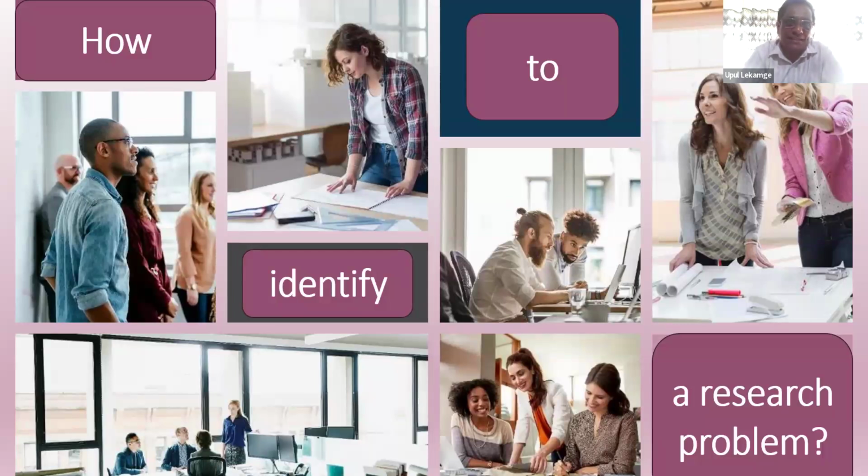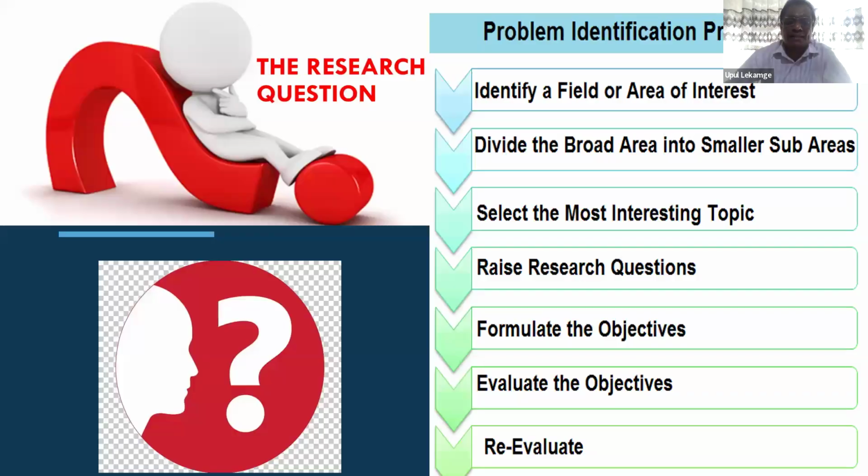This is a very serious issue for most of the candidates in our undergraduate and postgraduate research. So how do we identify a problem? That is again a very serious concern.